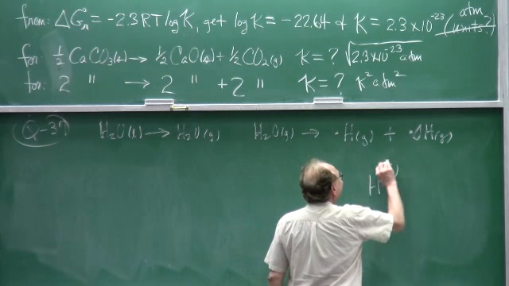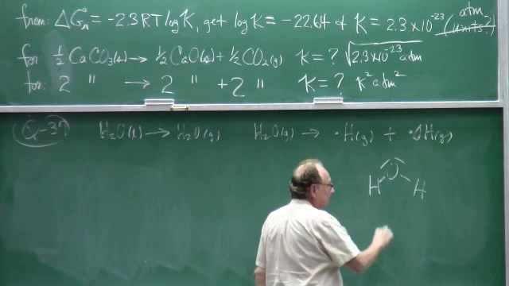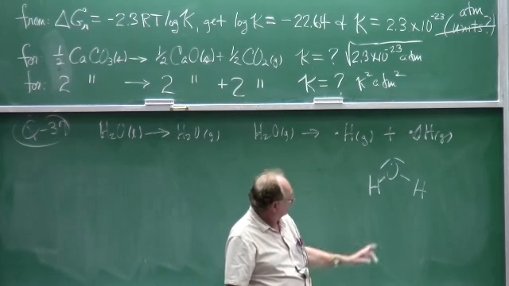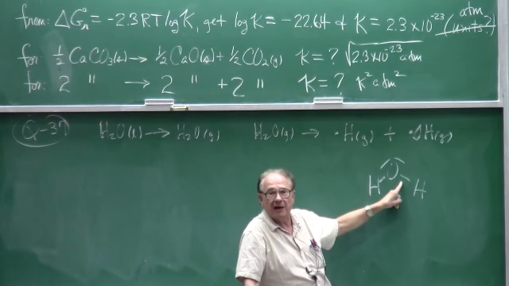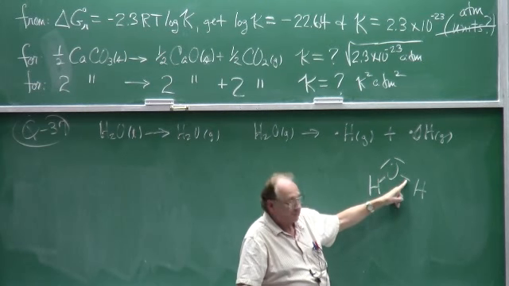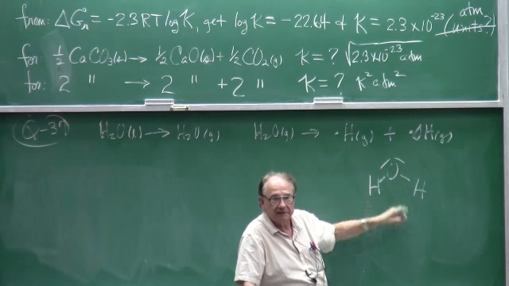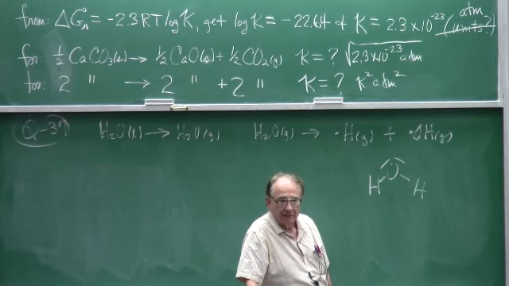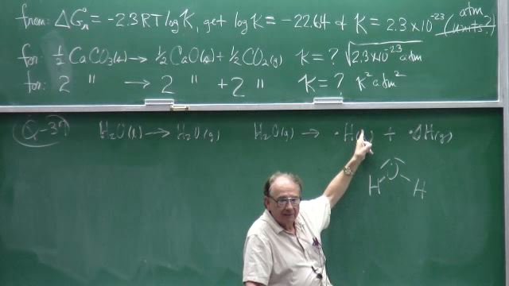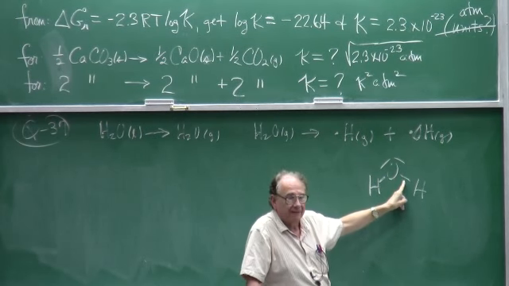We've already mentioned, I hope you remember this, that for a covalent bond between unlike atoms, how many ways can you break this bond? 3 ways. In this case, we've considered breaking this bond homolytically.